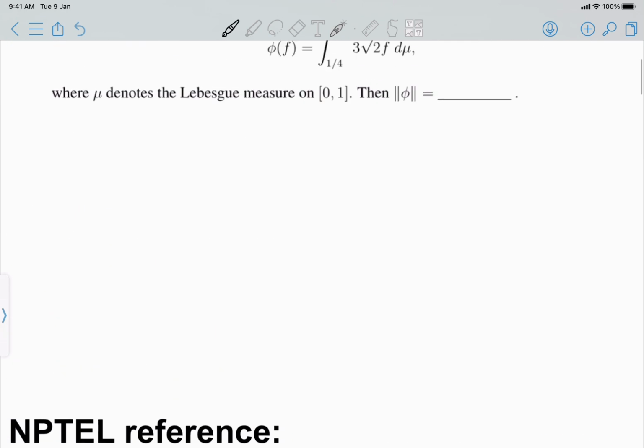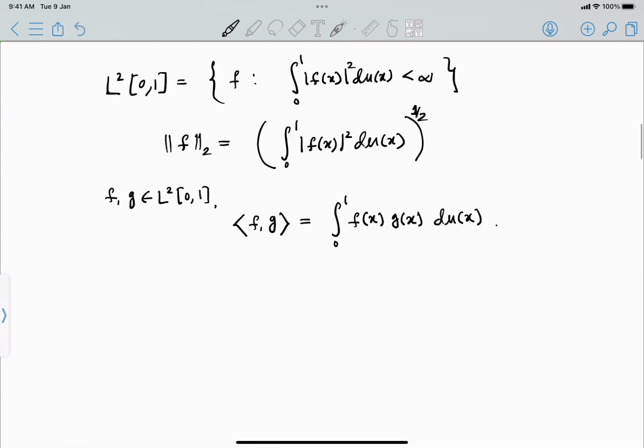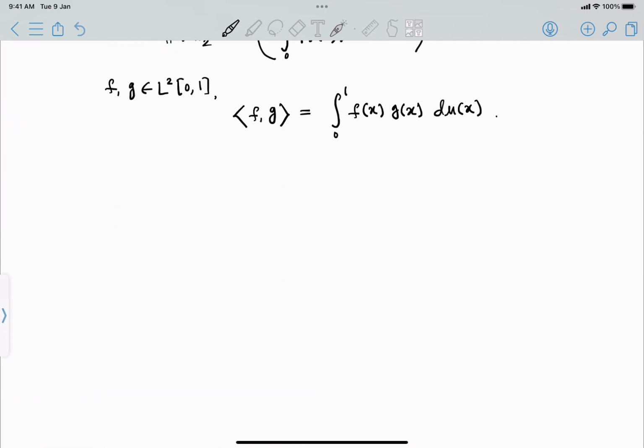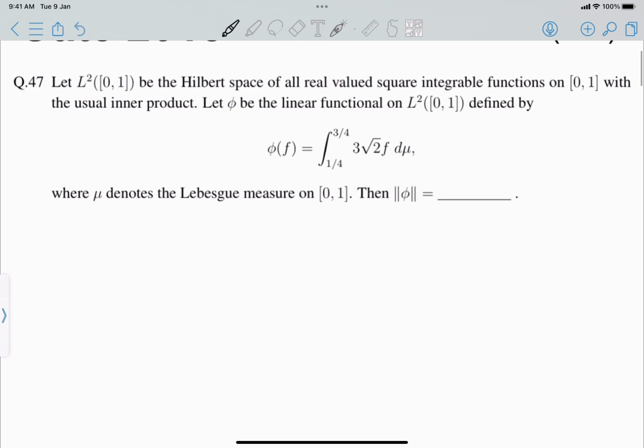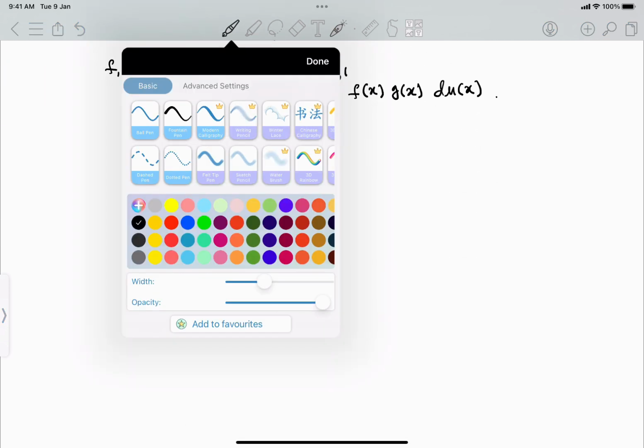Okay, now here phi is a linear functional that is given. So to find the norm of this phi, we will use the Riesz representation theorem. So let me write it first.